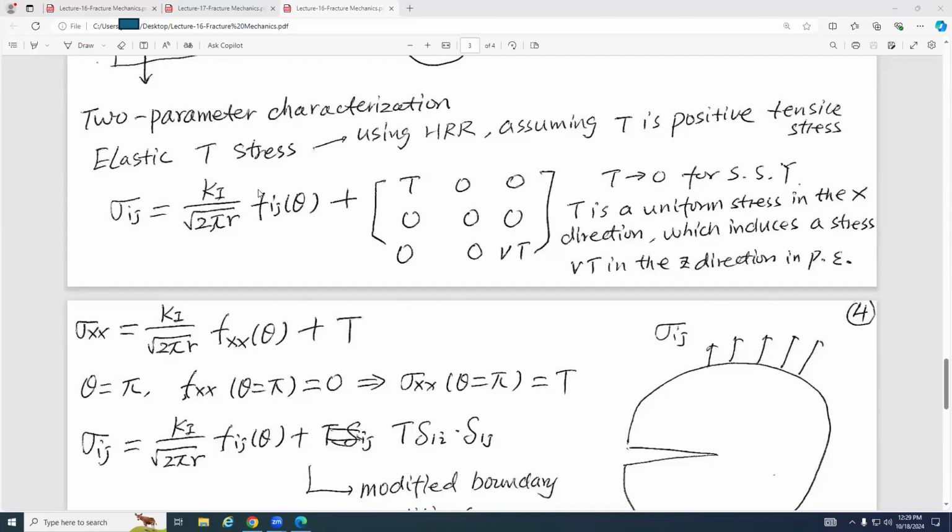Then this equation reduces to this one, which is our old friend, right? You understand, guys? T is a uniform stress in the x direction, which induces a stress nu T in the z direction in plane strain. Nu here is the Poisson's ratio, guys.